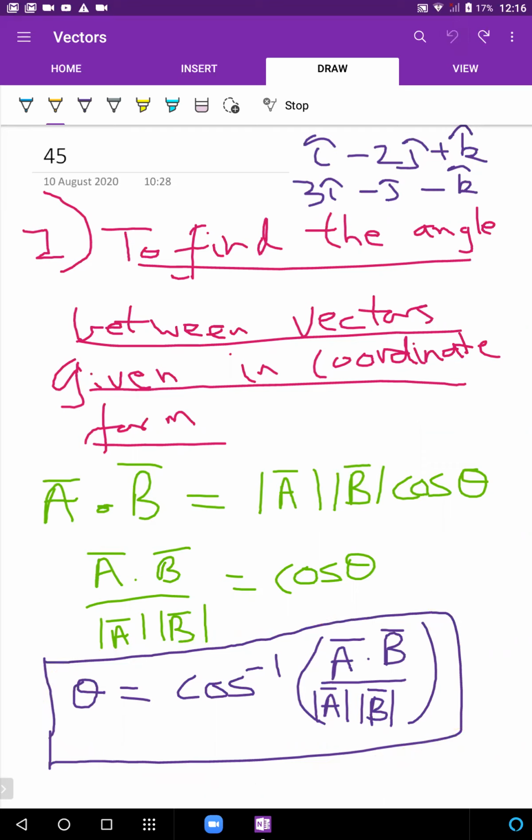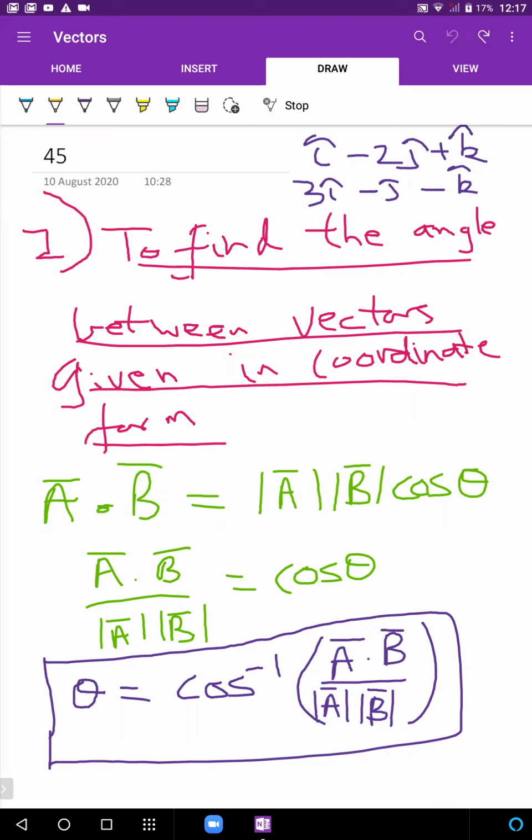The point is now this can easily be done. Finding the dot product is easy, finding the magnitudes is easy. Just plug in those magnitudes. Remember, the magnitudes will always be positive. The dot product can be positive or negative.